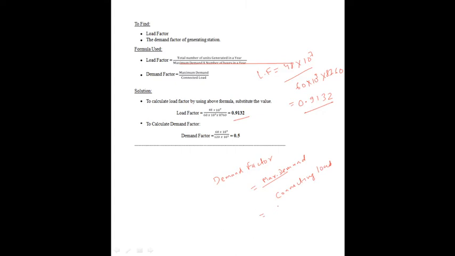Maximum demand is given as 60 megawatt, 60 into 10 to the 3, and the connected load is given as 120 megawatt. So simply it comes out to 0.5. 1 by 2 is 0.5.